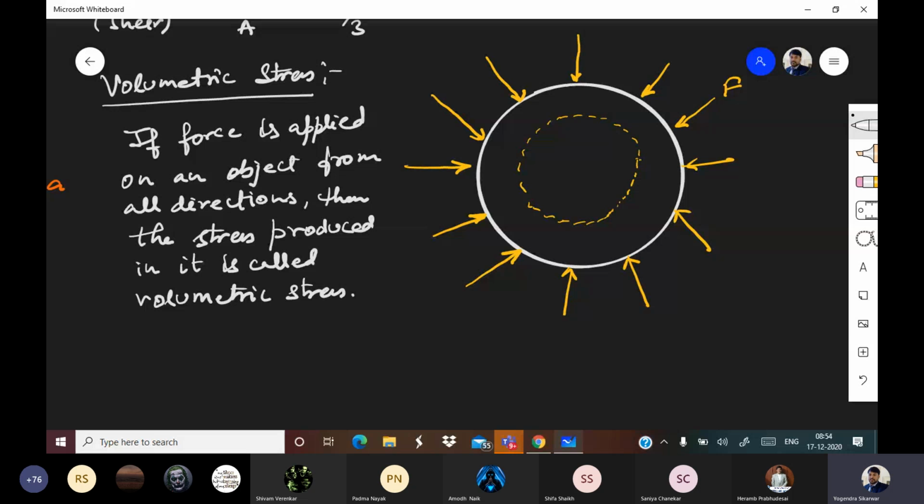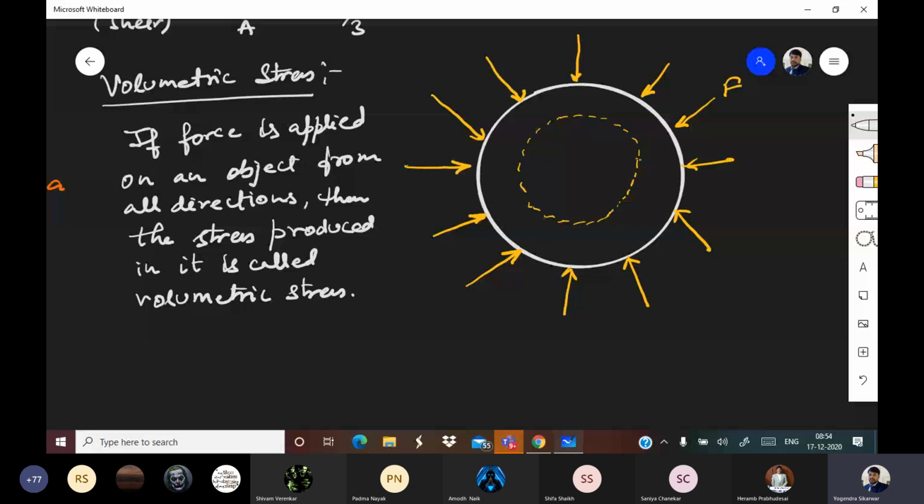After that, you can immerse that object in very fine sand like talcum powder. As it is talcum powder, it is solid, so it is going to exert force, and the talcum powder will be around the whole object, so the force will also be uniformly acting from all directions. So this can be one way.